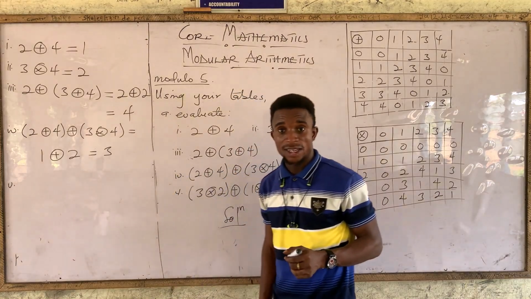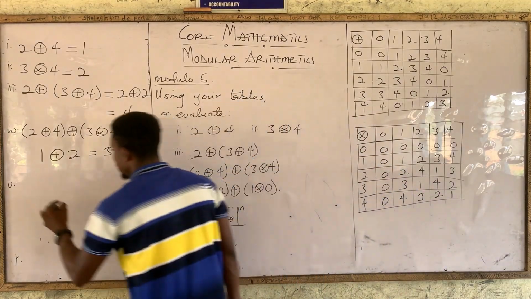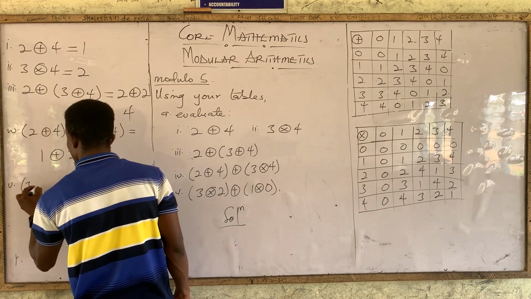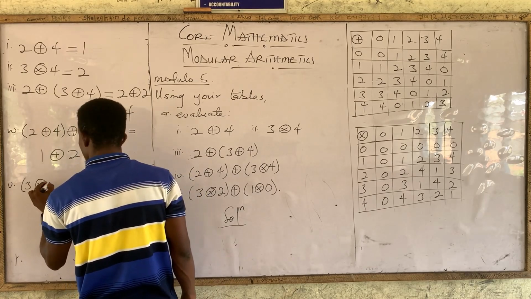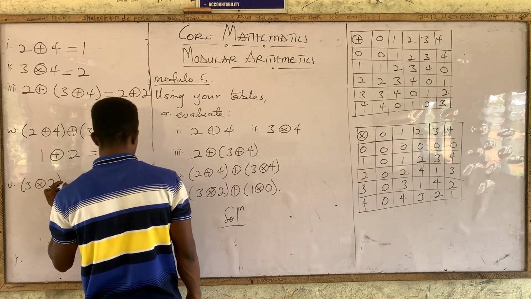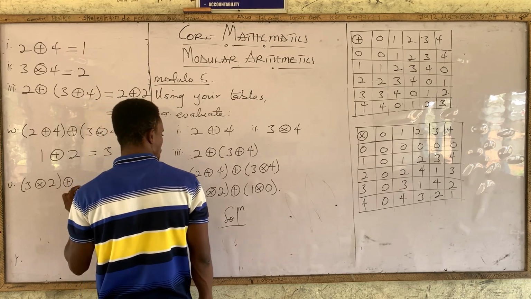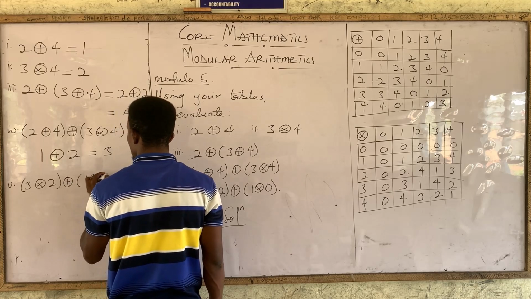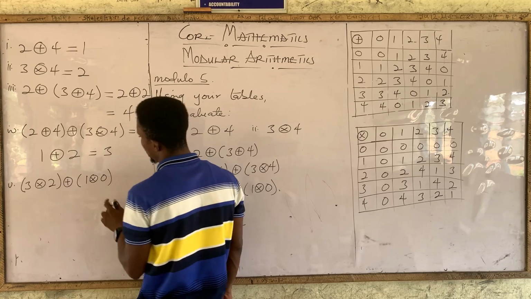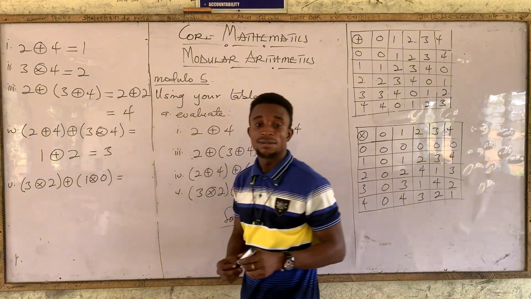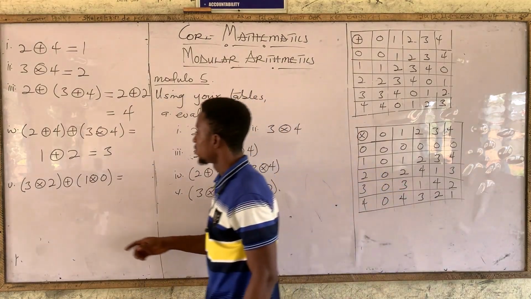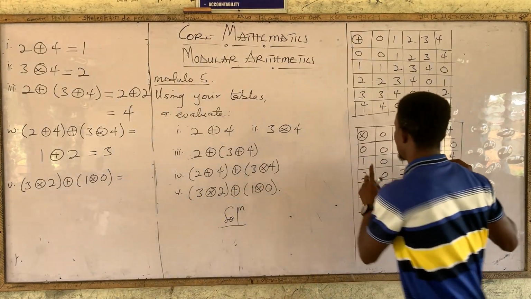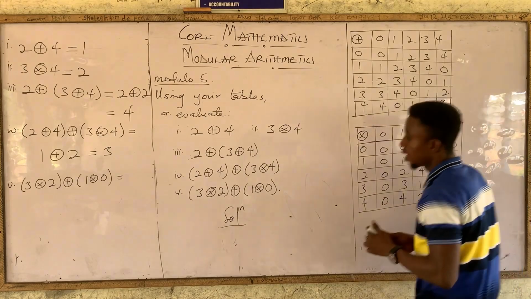And after solving, I hope you're able to get 3 times 2 plus 1 times 0, and we are saying it's equal to... So 3 times 2 is getting us 1.